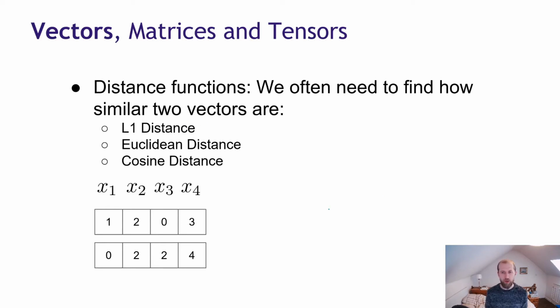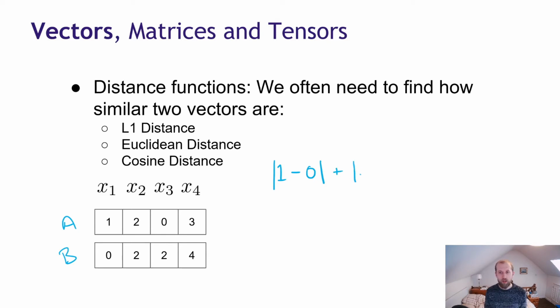The simplest one of these is the L1 distance, where, if this is now A and this one is B, we just take x1 from A, take away x1 from B, and find the modulus. In this case it would be 1 minus 0, and then we have this modulus function. I'm going to draw it like that so you can see it.